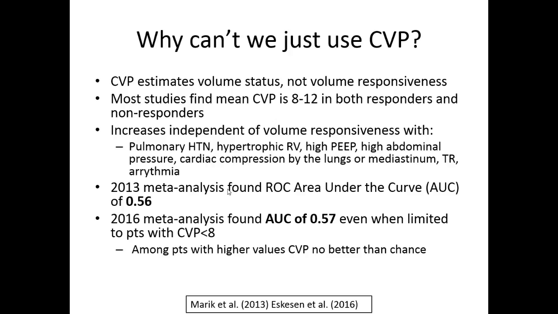This data is out there and I think we all know it. But we'll say we're using it as part of a lot of different variables and it's appropriate because it's one piece of information among many, but it really has very little predictive value whatsoever as far as answering the specific question, will my patient respond to fluids? Might answer other questions, but this question specifically, CVP, you may as well just throw it out.